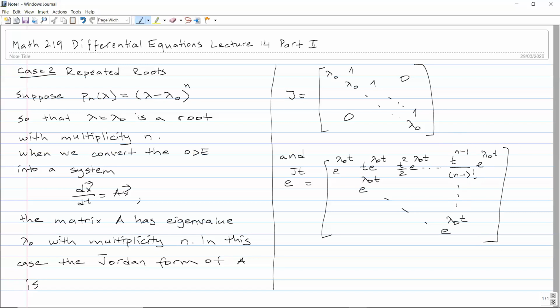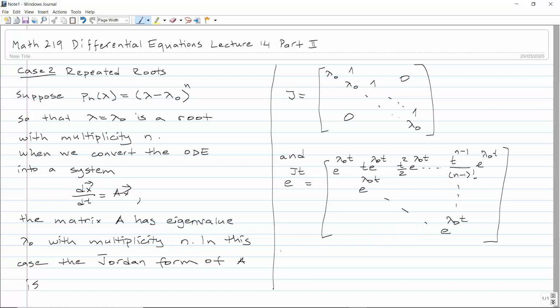This means, for the fundamental matrix, remember, we multiply the matrix exponential with a special matrix P, but the matrix P is going to be a constant matrix.